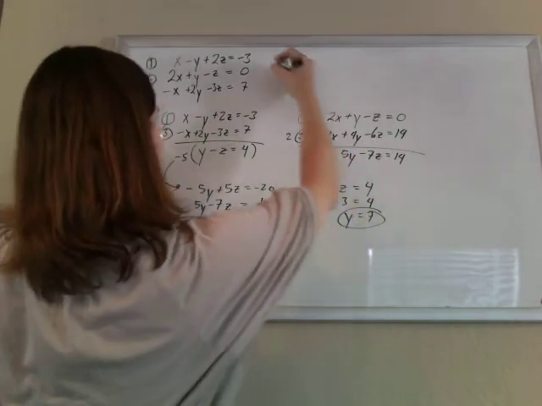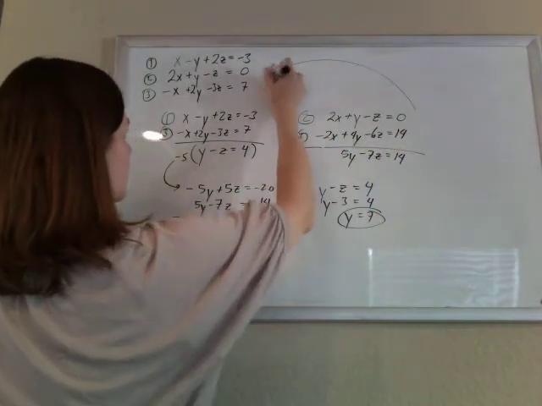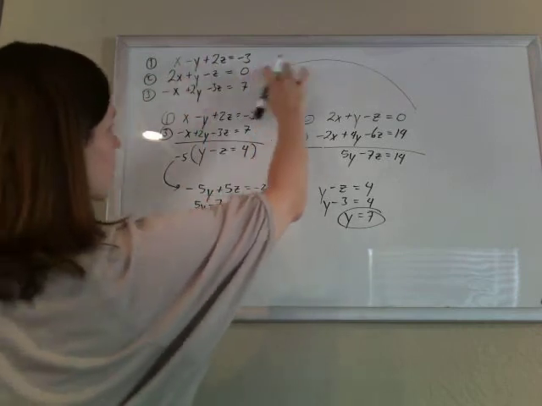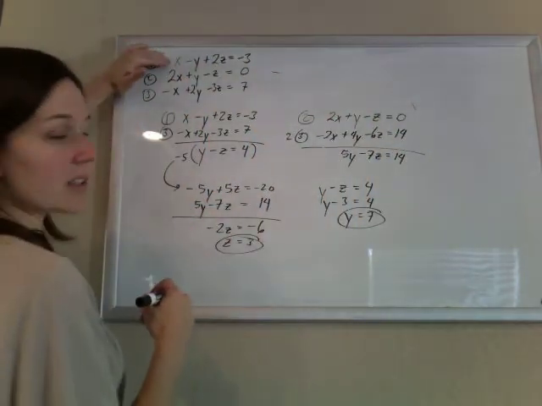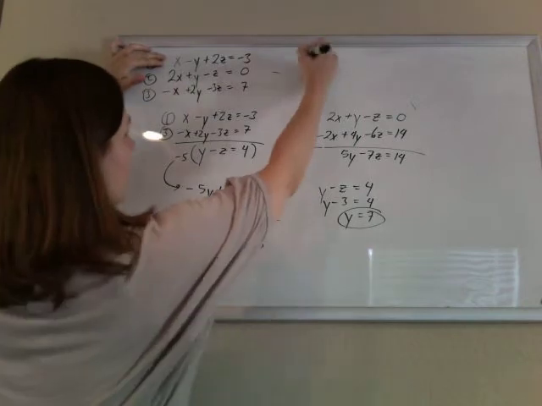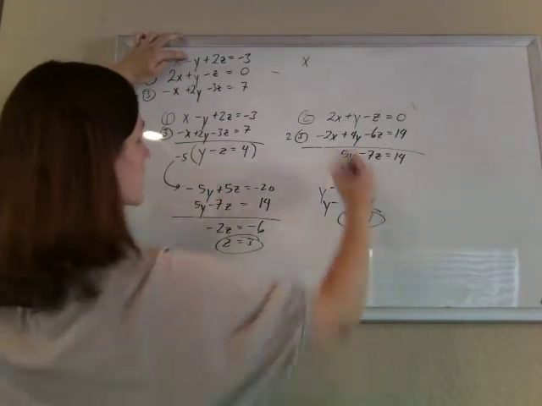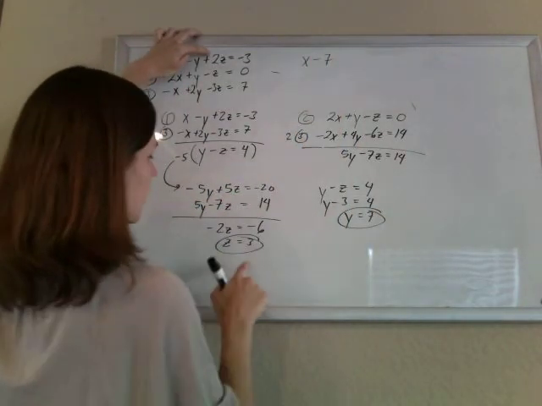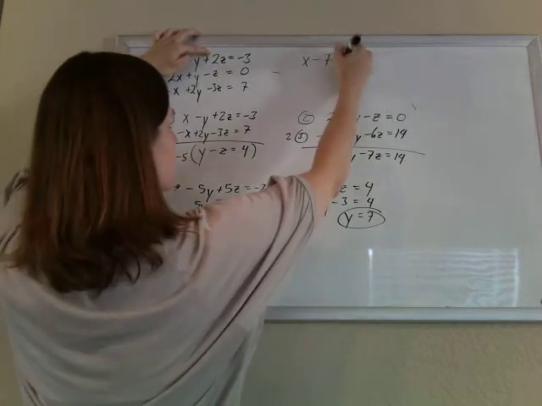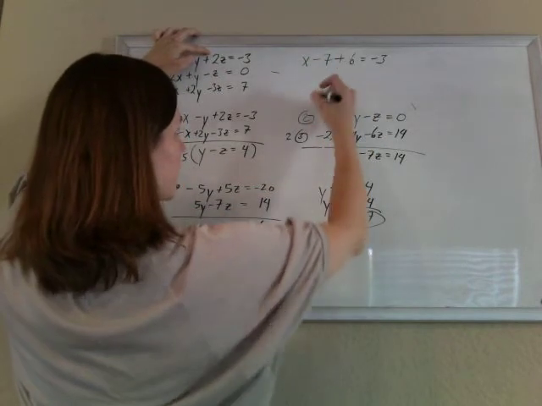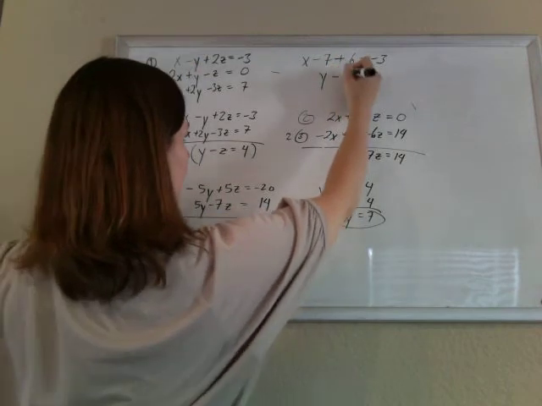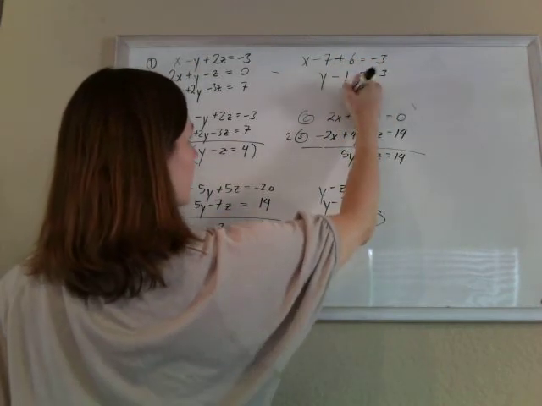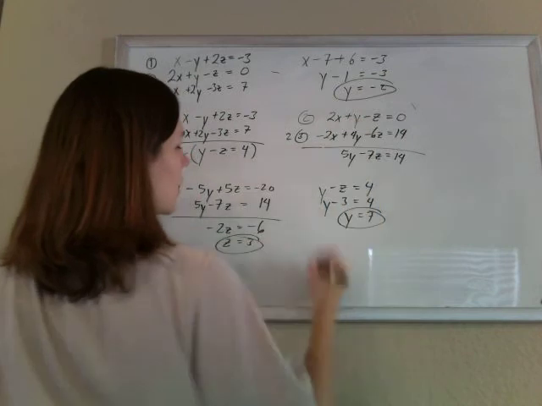So you used one with the 2 variables. Now you can go all the way back up to one of these guys to figure out the third variable. So if I plug everything I want into this first equation here, I'll get x minus 7 plus 2 times 3 is 6 equals negative 3. So x minus 1 equals negative 3, so x is a negative 2.